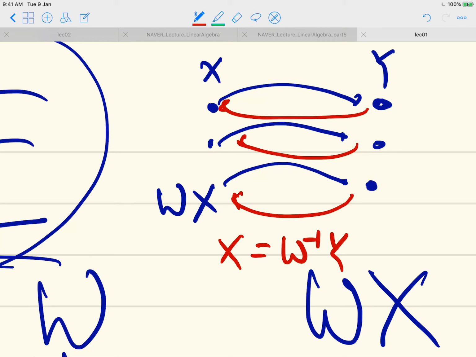First of all, if this function or mapping is invertible, what is the necessary condition? What should be at least guaranteed? I'm trying to discuss the one-to-one or onto mapping property.